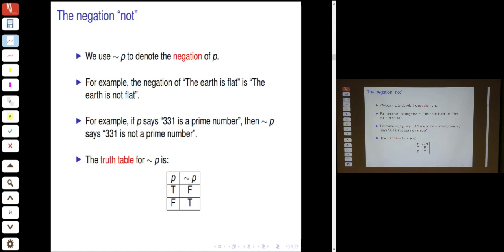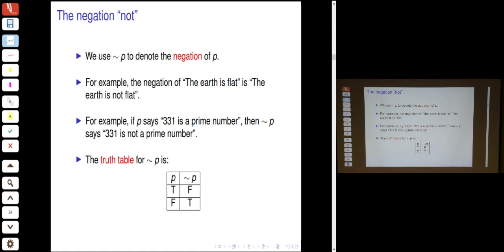So here is an example of a so-called truth table. There are two statements, P and not P. This table says when P is true, the negation of P, not P, is false.